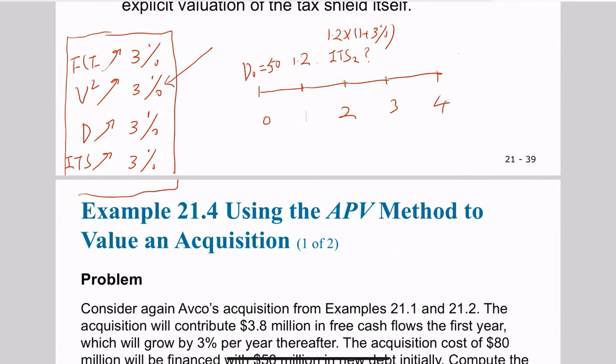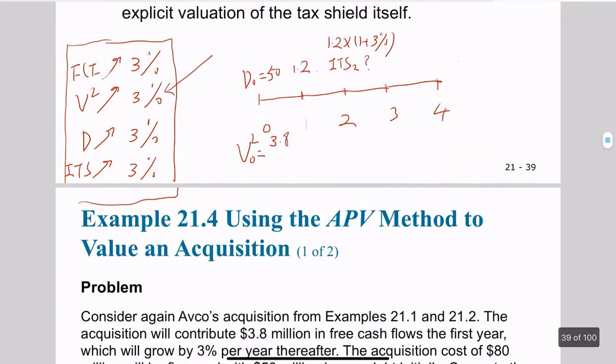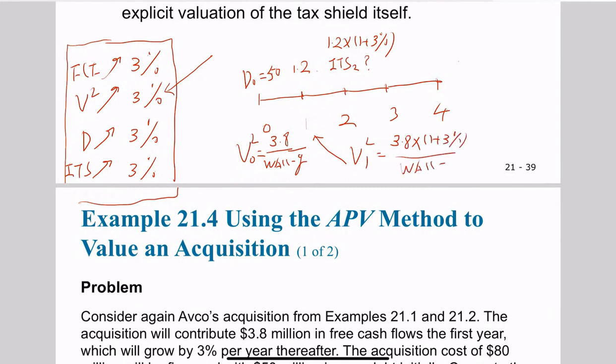Now, if you think about V0, the levered value on this initial date equals the first cash flow, which is 3.8, divided by WACC minus the growth rate. And then the levered value on date 1, which is VL1, equals 3.8 times 1 plus 3% divided by WACC minus g.